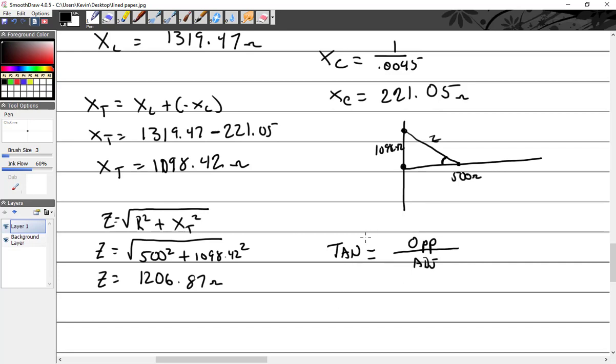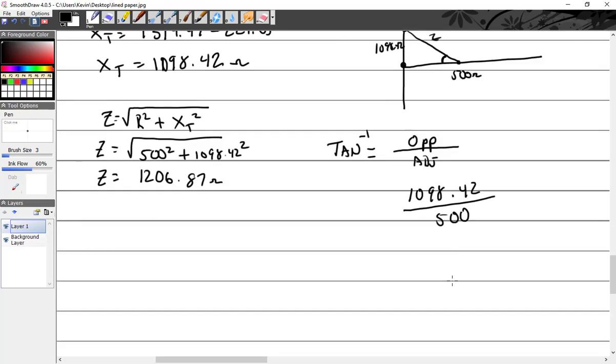So I'm going to put tan minus 1, actually. So that is the opposite, which is 1098.42 divided by 500 equals, second tangent.